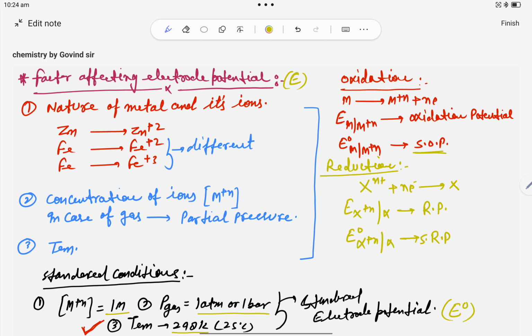So two kinds of electrode potential we are having, SRP and SOP, standard oxidation potential and standard reduction potential. So a problem is generated: which one we have to use as the standard electrode potential.